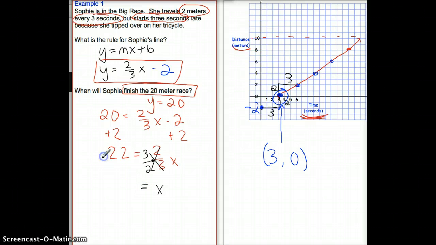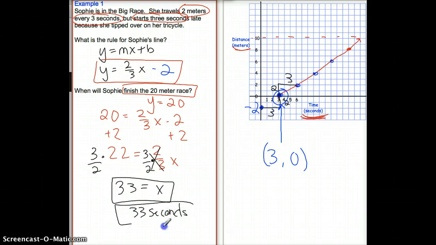But if I do it on the left-hand side, I have to do it on the right. 3/2 is a much nicer decimal, so I can multiply 22 by 1.5, and I'm going to get 33. So apparently at 33 seconds, be sure to answer the question, don't just give a number. At 33 seconds, she will be finishing the race at 20 meters. So if I plugged 33 into my rule, I would get 20 meters to finish the race.